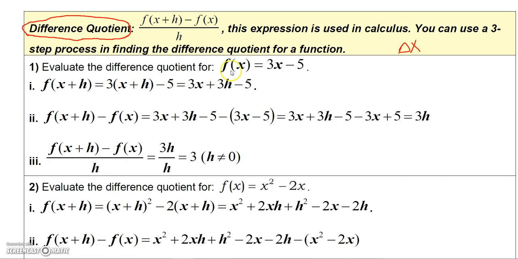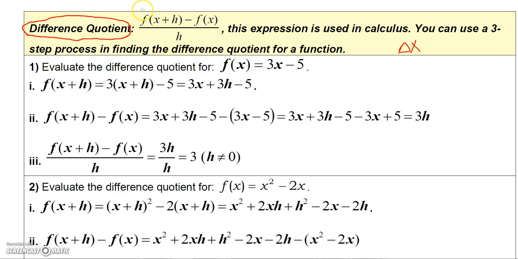Now, to evaluate a difference quotient, you need to have some function, because each function will have a different difference quotient. So, for instance, I would give you a function here, f of x equal 3x minus 5, and I would ask you to evaluate the difference quotient for that function. Now, I like to use a 3-step process.